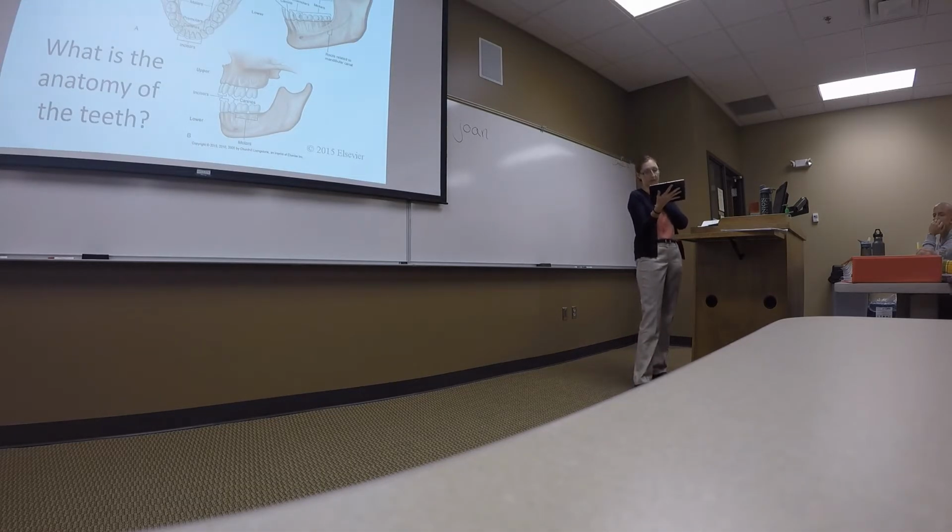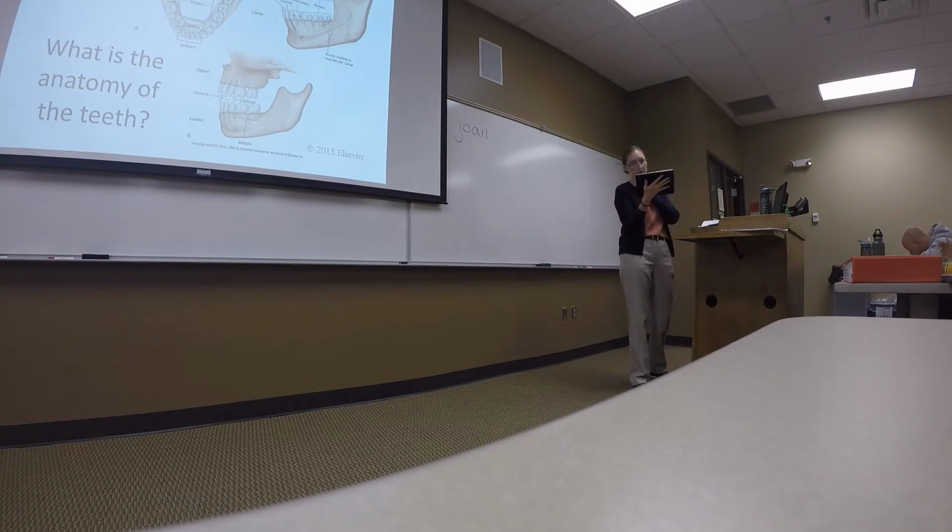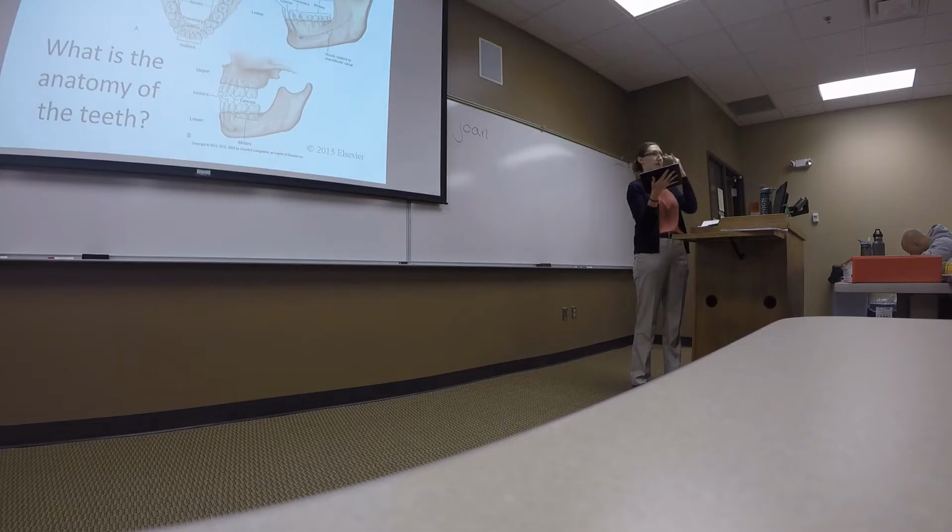All right, teeth. So usually the mouth is divided into 4 quadrants. We have upper left and right quadrants, lower left and right quadrants. So we can divide this in 2 to get 1 quadrant over here.